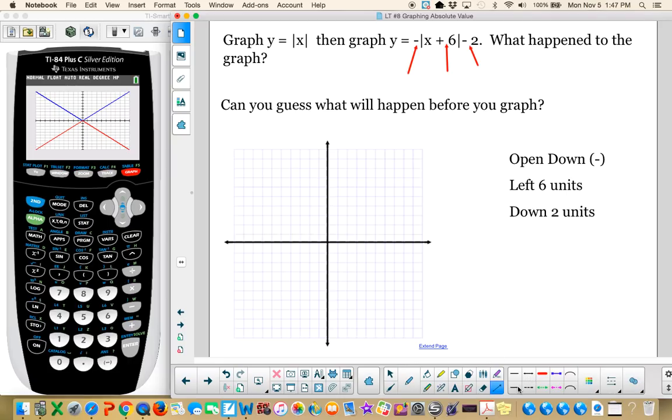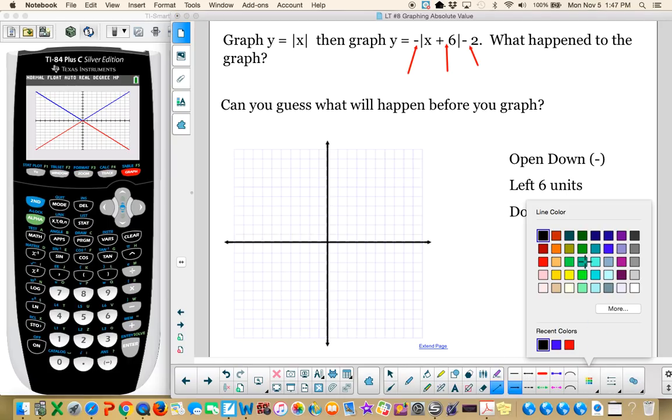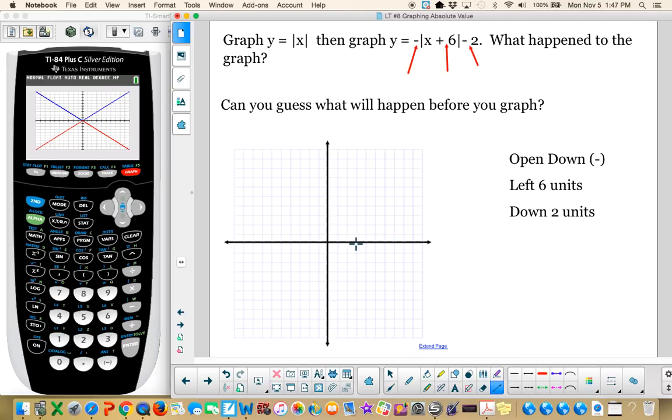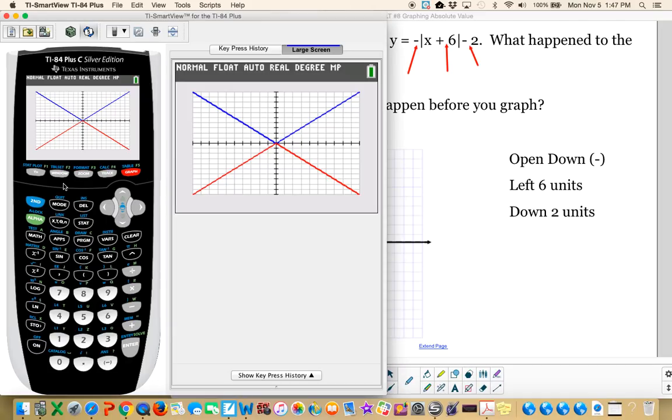So let me graph what I think will be my absolute value, and then I'll check it with my calculator. Opens down to the left 6, 1, 2, 3, 4, 5, 6. My vertex will be translated to the left 6, down 2, 1, 2, and it opens down. So from this vertex, I'm going to do my 2 sides. That's what I think it will look like.